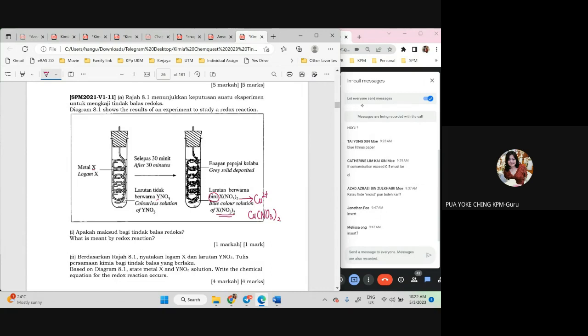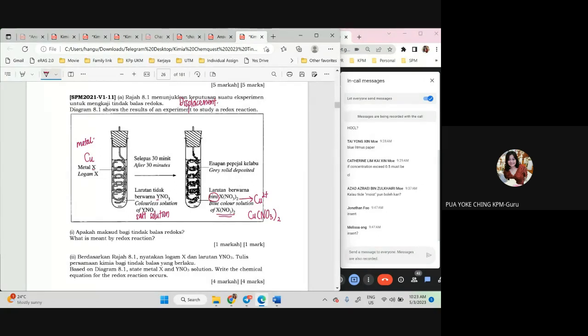So, you tahu X ni ialah Cu. Okay. So, ini ialah logam. Ini ialah larutan garam. Metal and salt solution. So, you tahu bab ini, soalan ini adalah tentang displacement.